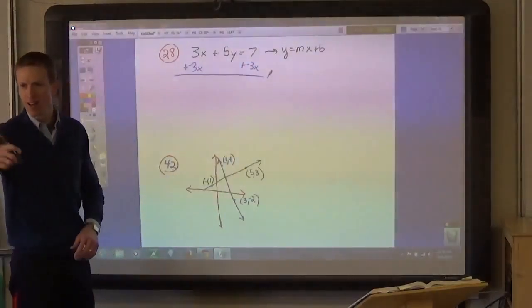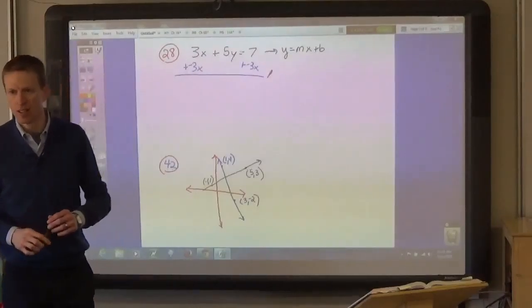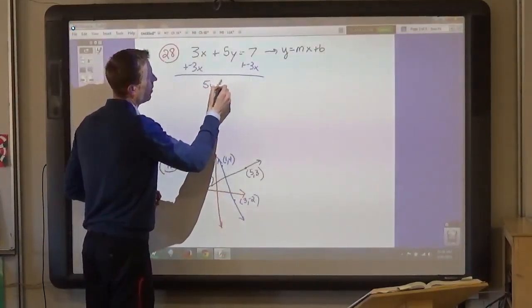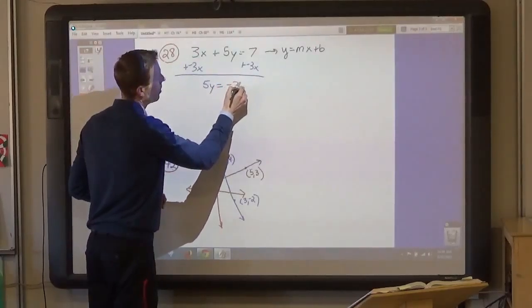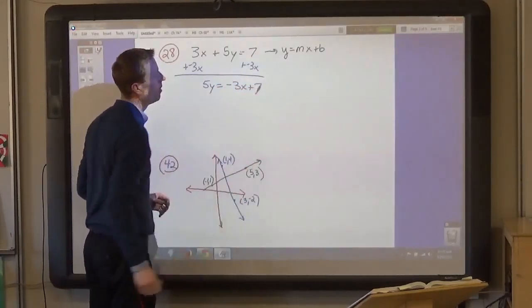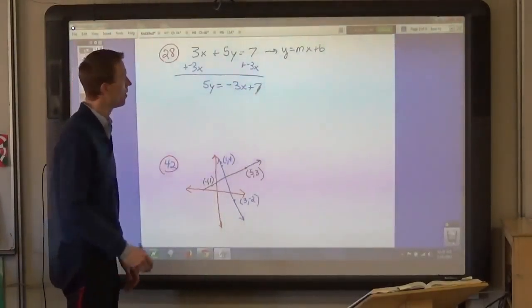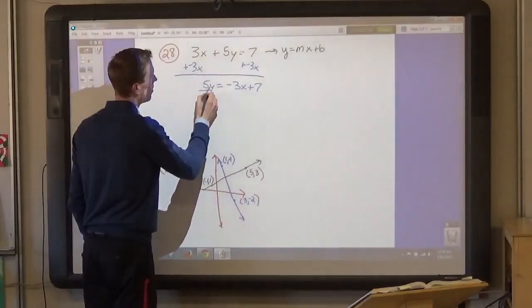Alright, copy this down. So 5y equals -3x plus 7. Then divide everything by 5.